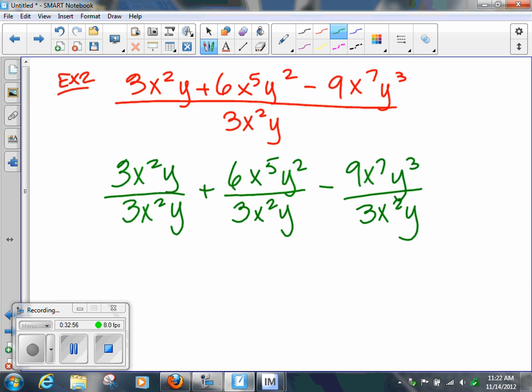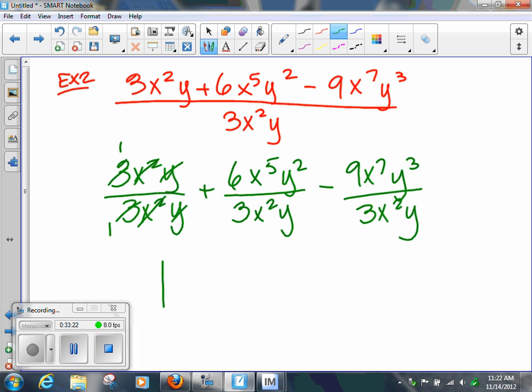Okay? What happens to that first fraction? Wrong. It is not a 0. It is a 1. Because 3 goes into 3 one time. Same thing for the x squared. Same thing for the y. So we got 1. How many of you made that careless mistake?